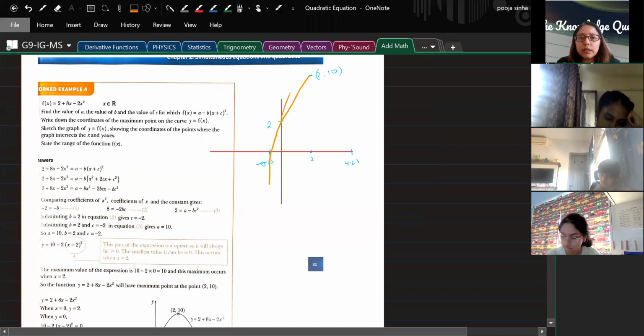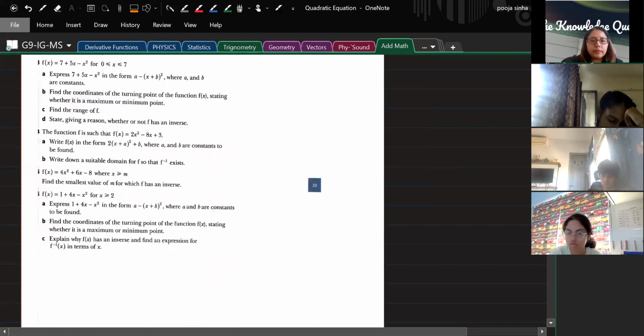Mine is not coming out as a proper shape, this is not the shape I should be getting. So it's kind of like this, that's how your graph will look. Clear now? Got it. Very good.